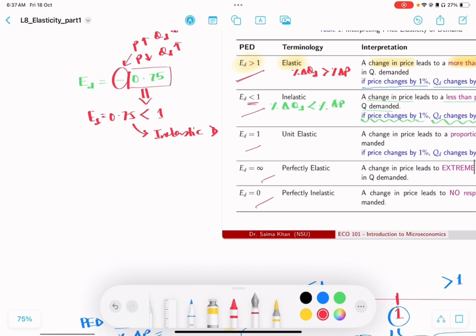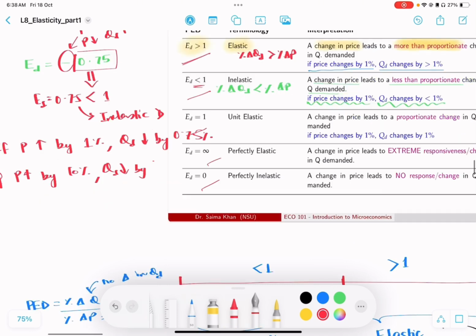0.75 is less than 1, then essentially what you're dealing with is inelastic demand, right? So what does inelastic demand mean? It means that if price were to increase by, let's say, 1%, quantity demanded would be falling by 0.75%. Or if price increases by 10%, quantity demanded falls by 7.5%.